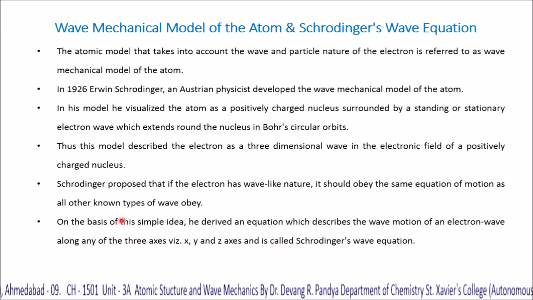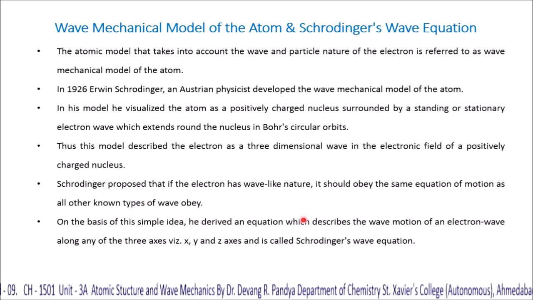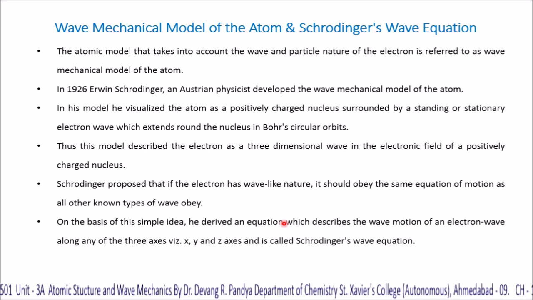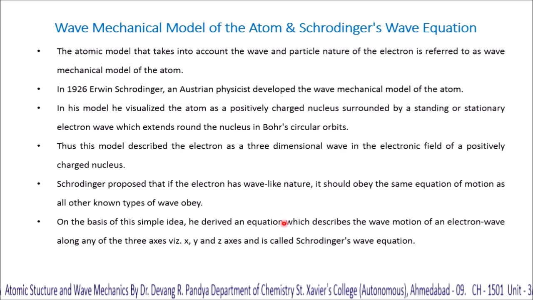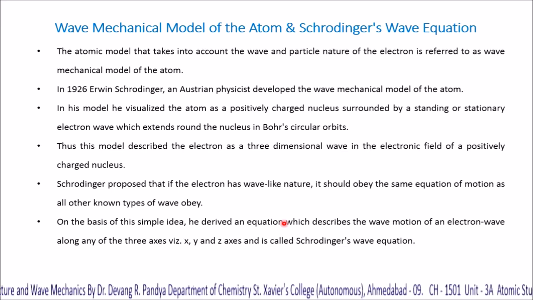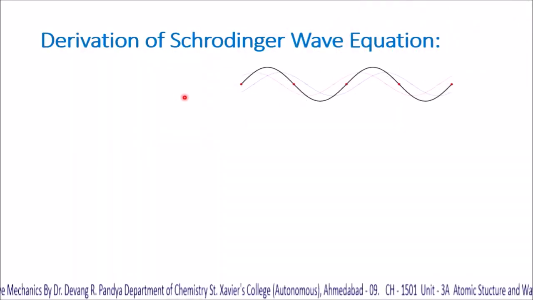Moreover, the Schrodinger wave equation is based on the work of one of the scientists who gave some calculation or equation for waves on an imaginary planet. Later we will discuss that one.